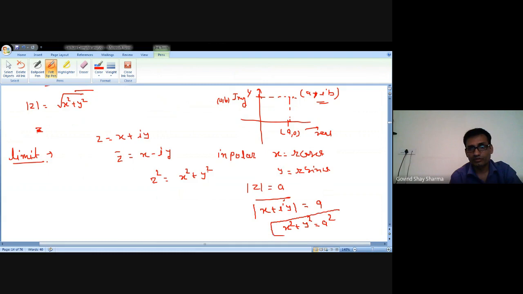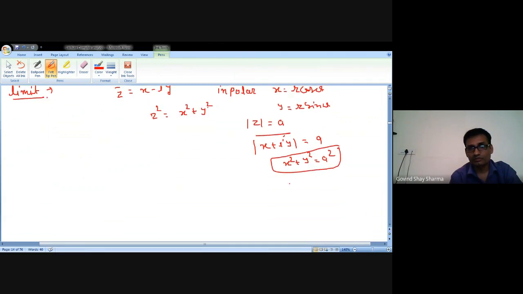So this is a circle where the center is (0, 0) and the radius is a. This equation is showing the equation of a circle in complex numbers.